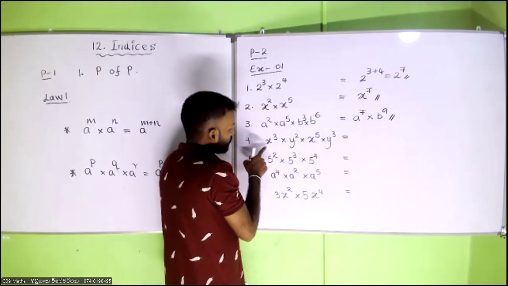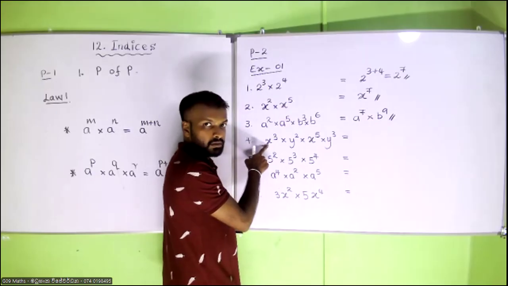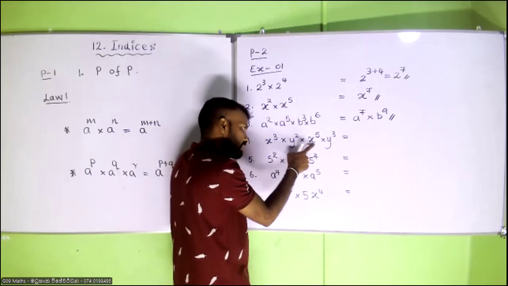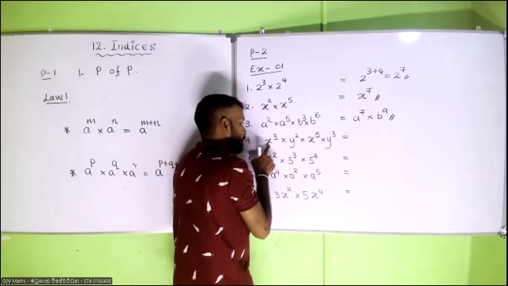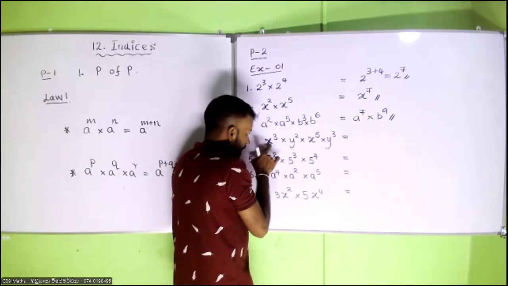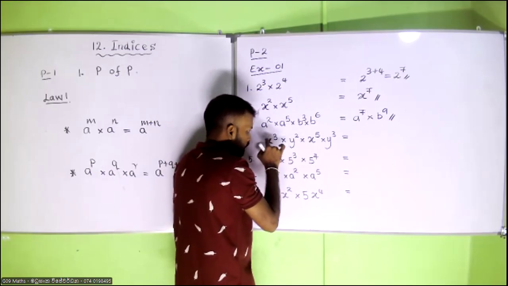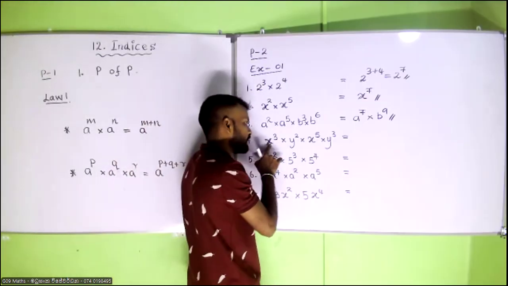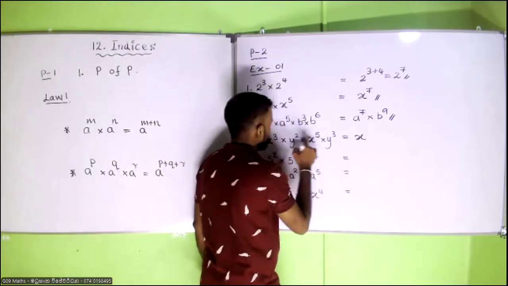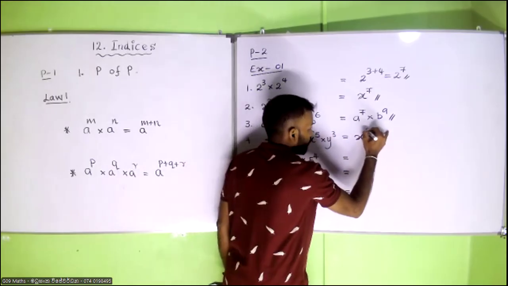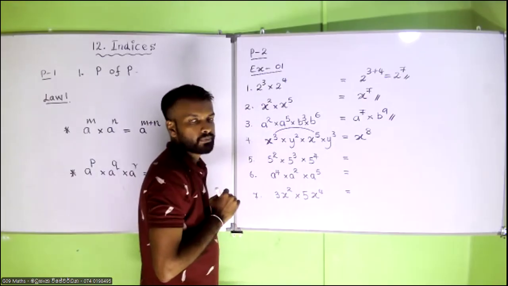Correct. Apple is here, banana is here. Apple 3, apple to the power 5. Nice, right? Apple, 3 plus 5, 8. Correct?